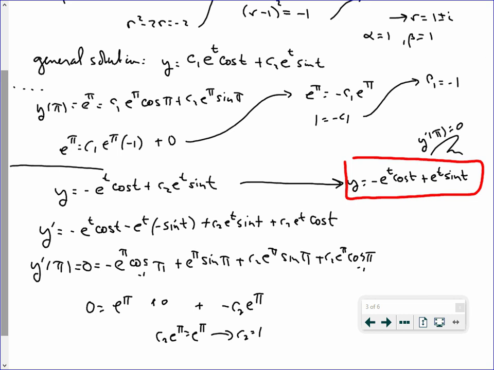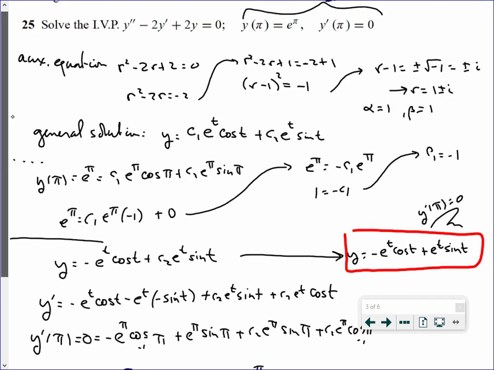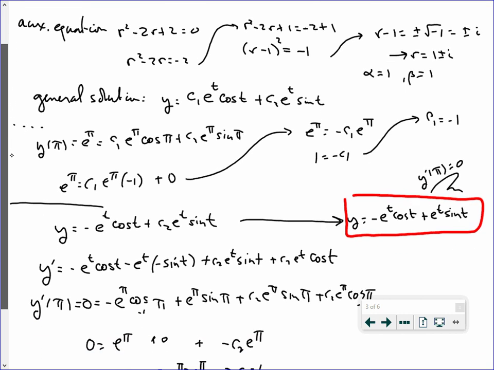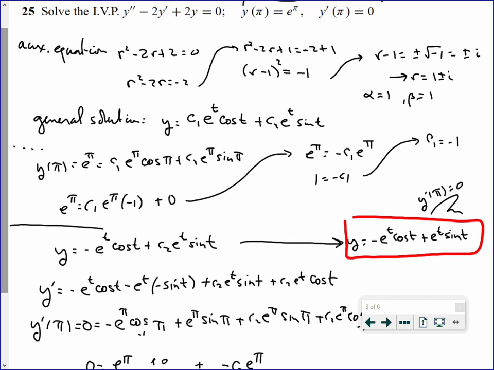Okay, so that's just a typical sort of problem. And let's see, let's work a few more here. Now, I gave an example last time, and I'll do another one here for higher order linear DEs with constant coefficients. So this is number 29.